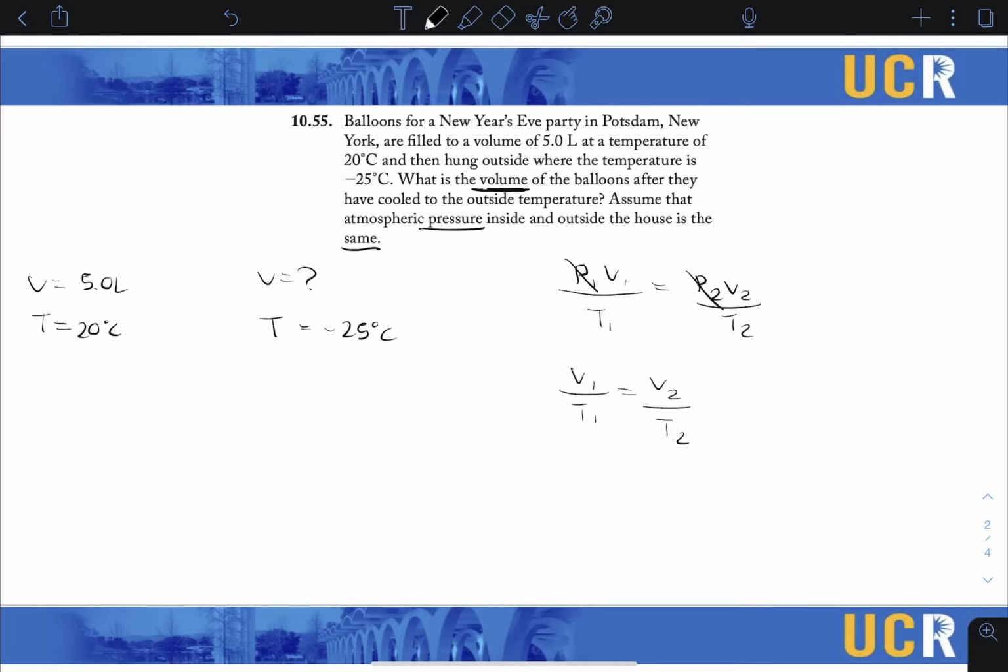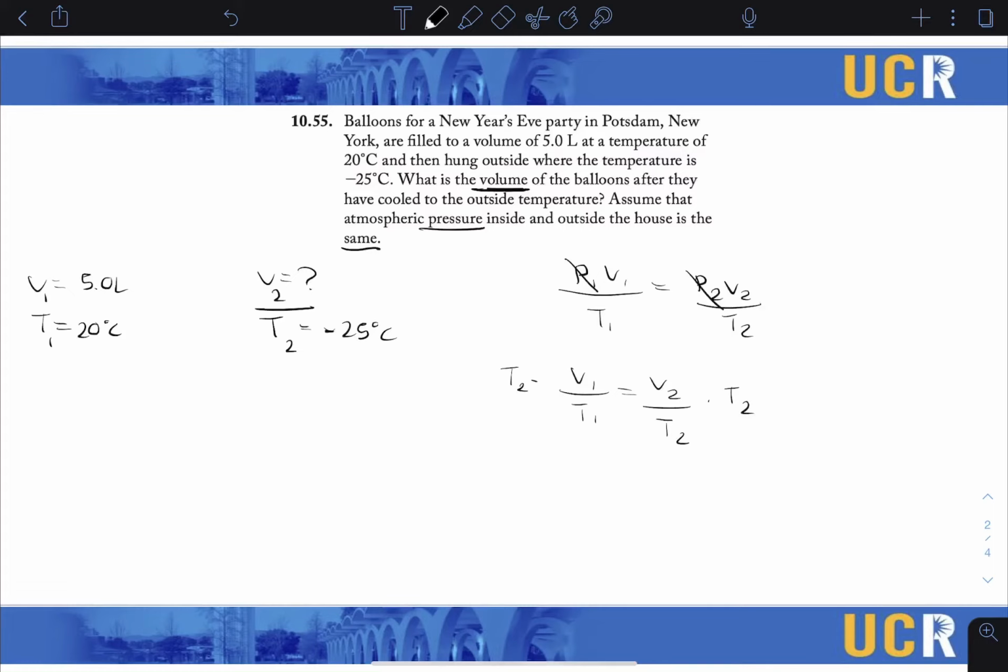Let's just label all of our volumes and temperatures. So we can say this first one is V1, and it's associated with another temperature, T1, and then we're looking for a V2 along with the T2 that's given to us. So let's just rearrange this equation to find V2.